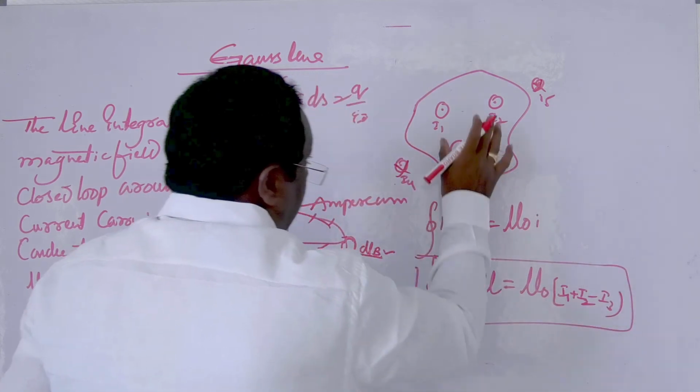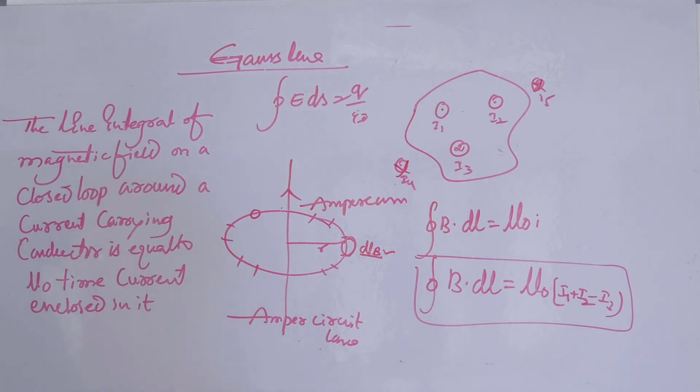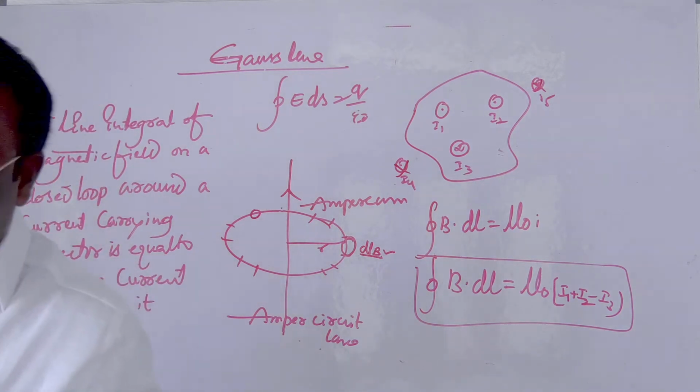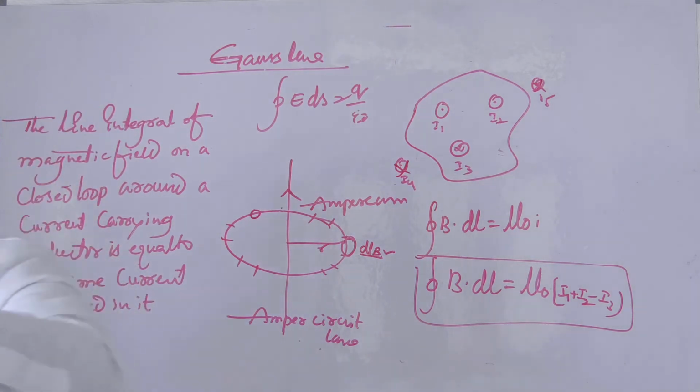So that is the magnetic field on this closed surface. By using this Ampere's circuital law, we can estimate the magnetic field in other magnetic field sources.